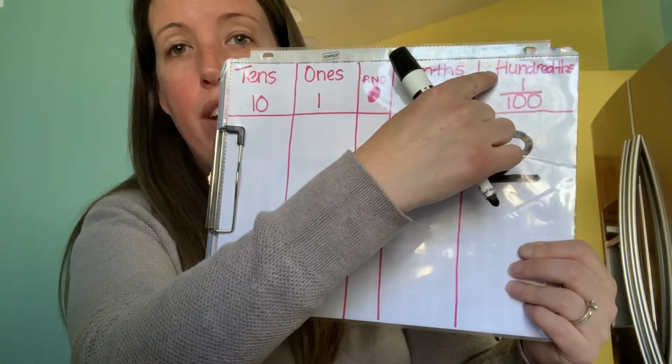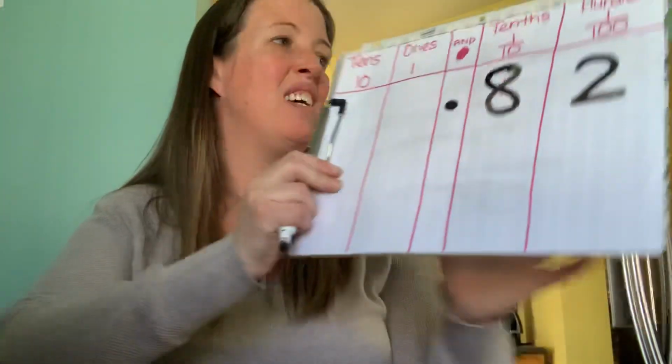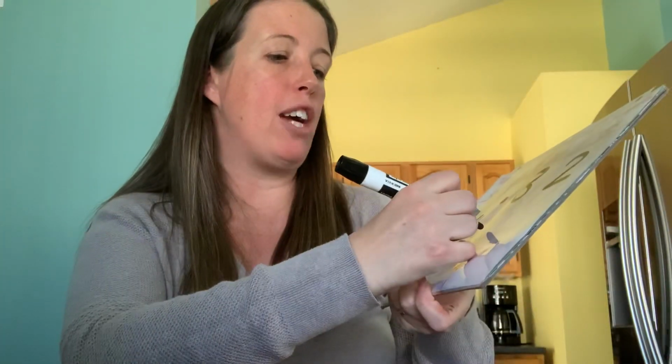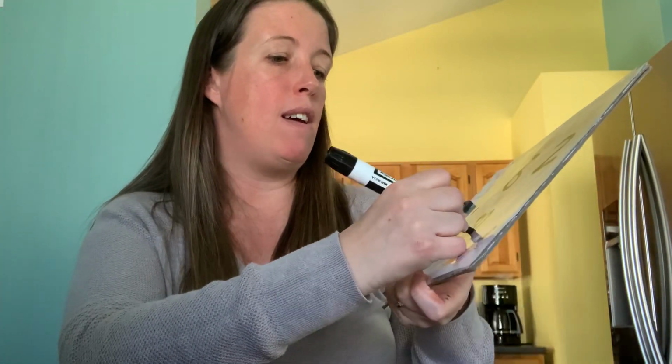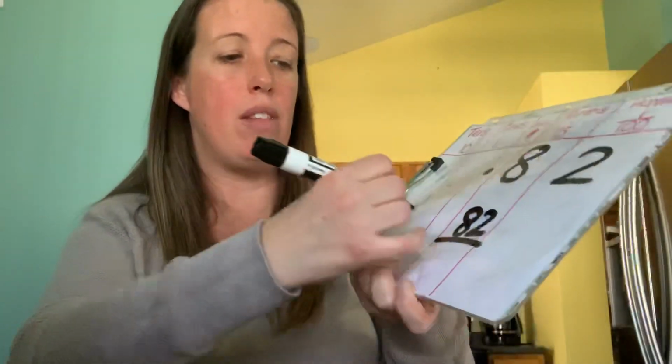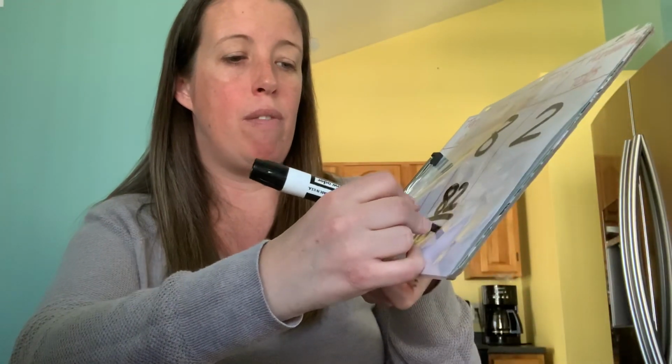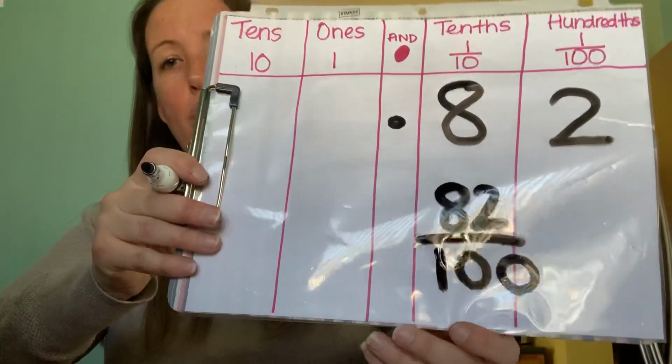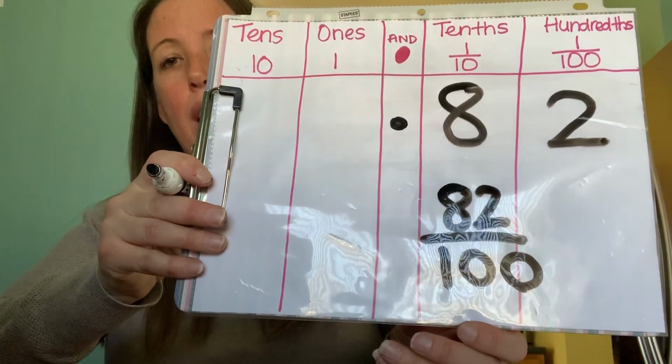And where does it finish? Hundredths. So I'm gonna write that fraction as 82, and those are hundredths. 82 hundredths. All right, try this one.